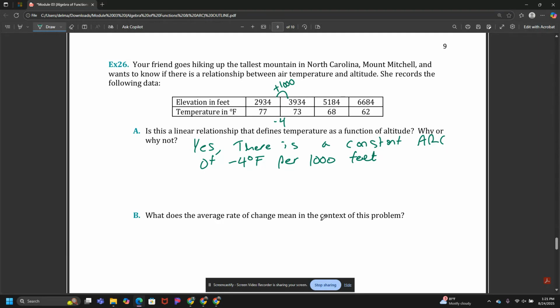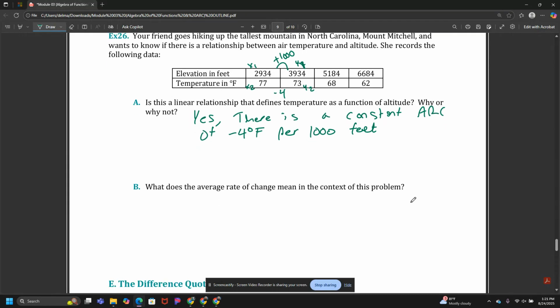What does the average rate of change mean in the context of this problem? Well, we can find it. I think that might look a little better if we actually find it and interpret it in terms of feet, right? In terms of per foot, instead of having it the way I've got it up here.